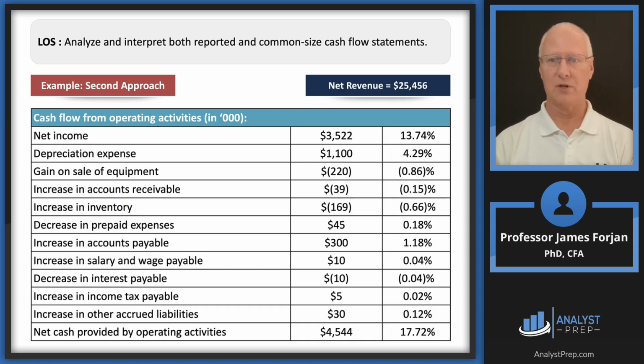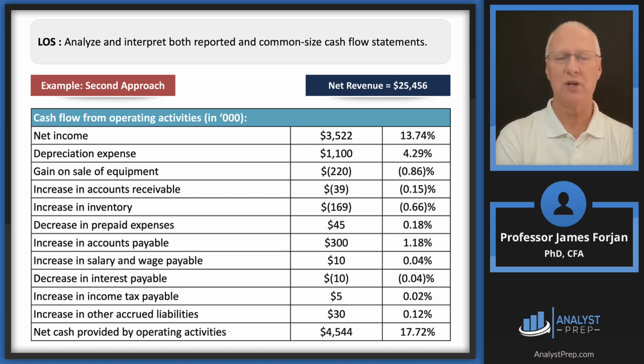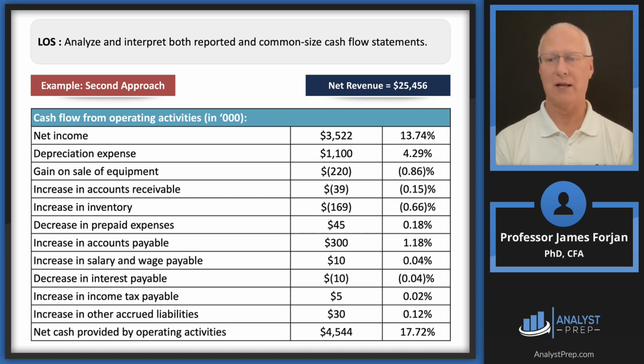Now, the second approach, and there's net revenues up at the top, 25, we can go ahead and calculate each of these accounts as a percent of that net revenue. And so, of course, look, the net income, that's about half depreciation there. But look down at the bottom, so net cash provided by operating activities, there's 17%.